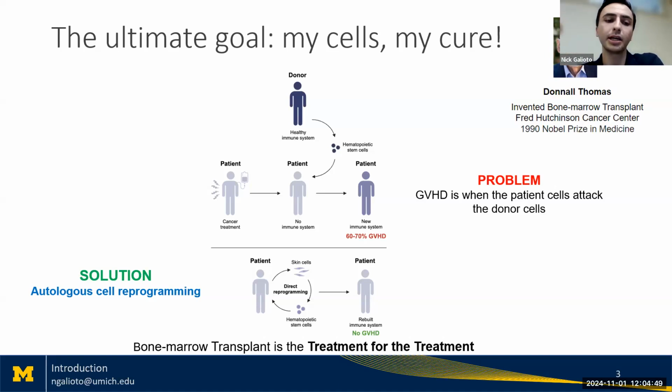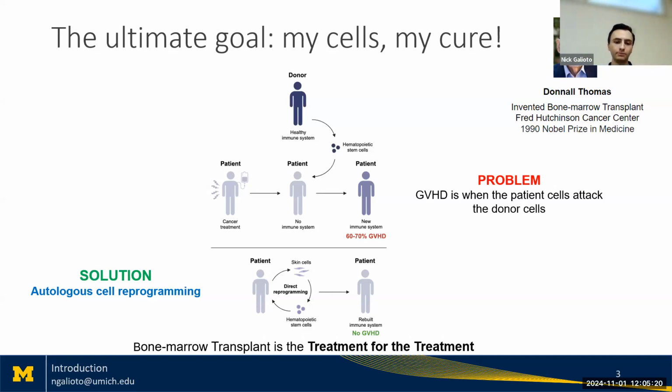But the issue with this is that there's something known as graft versus host disease, GVHD, where since the donor cells are not produced by the patient, the immune system does not recognize them and will try to attack them. So one of the solutions could be to take the patient's own cells and reprogram them into immune cells and use those to rebuild the immune system.